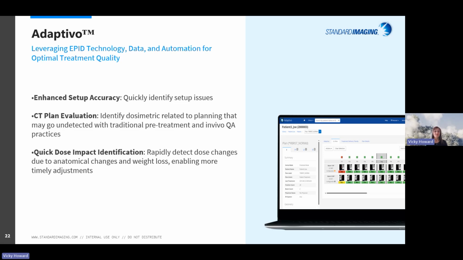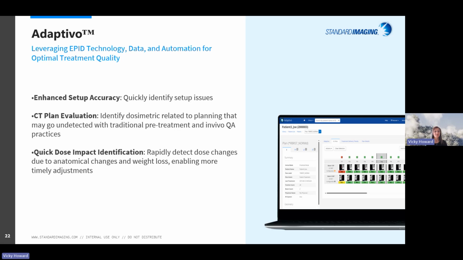Adaptivo is really used to enhance setup accuracy, quickly identify setup issues. It really did give another level of CT plan evaluation, identifying dosimetric effects within the patient related to potential issues in planning that could have gone undetected with traditional pretreatment and in vivo QA practices.